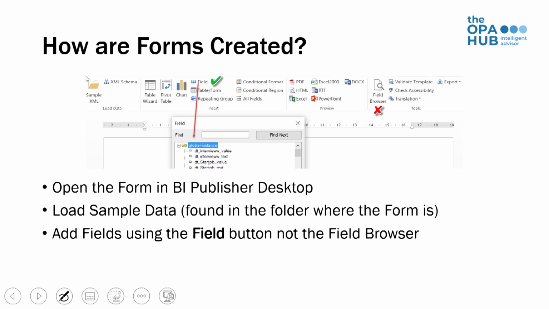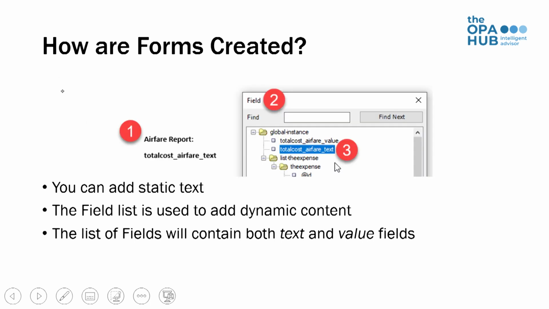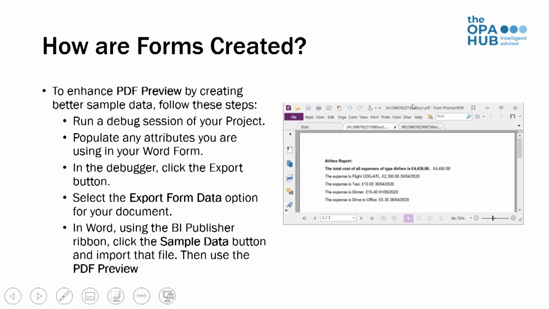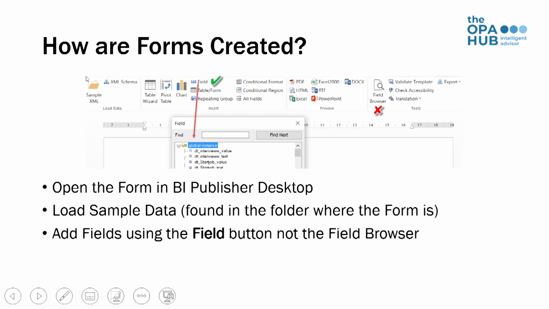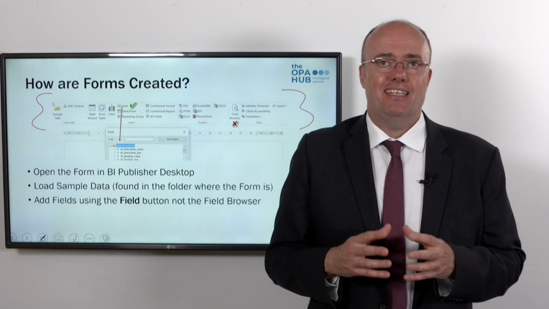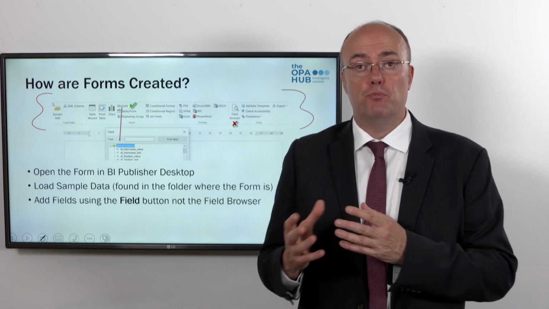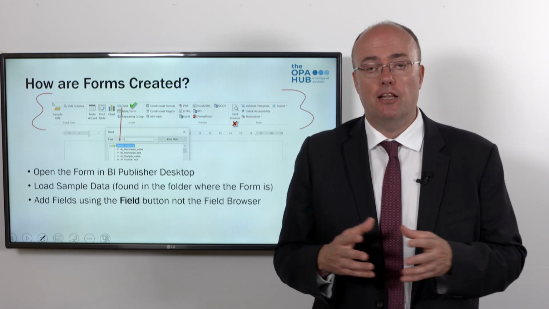BI Publisher Desktop is simply an extra toolbar which shows up in Microsoft Word, which assists you in the task of building a form. Technically speaking, it's actually part of a different product. It's not part of Intelligent Advisor.